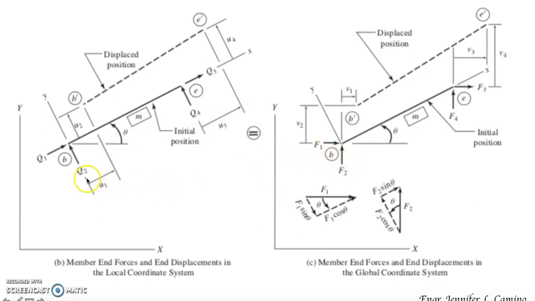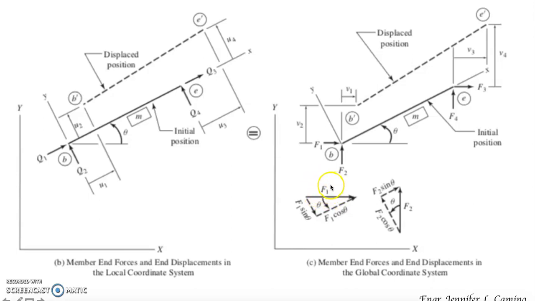Meaning to say, for example, we're going now to transform global coordinate system to local coordinate system. So if you start with Q sub 1, that would be equal to the components of the end forces in the global coordinate system.